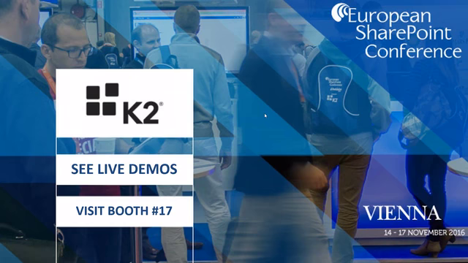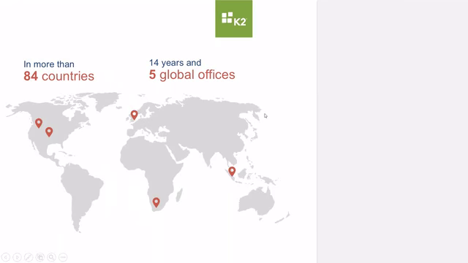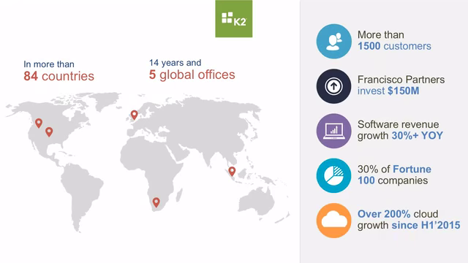Good. So for those that are not that familiar with K2, let me briefly wrap things up. K2 is an international software vendor with its headquarters in the United States, in Bellevue, Seattle. It's very close to Microsoft, to which we maintain a special relationship. Our European headquarters is in London, and I'm representing K2 Northern Europe.